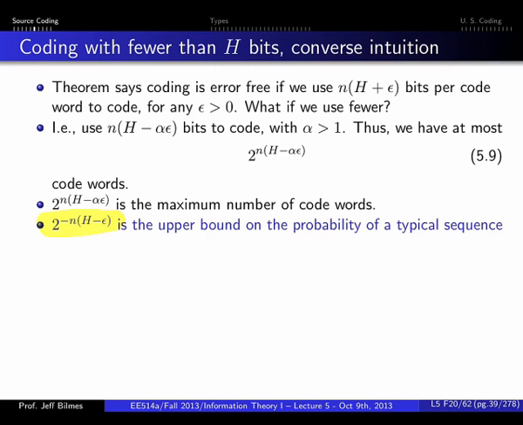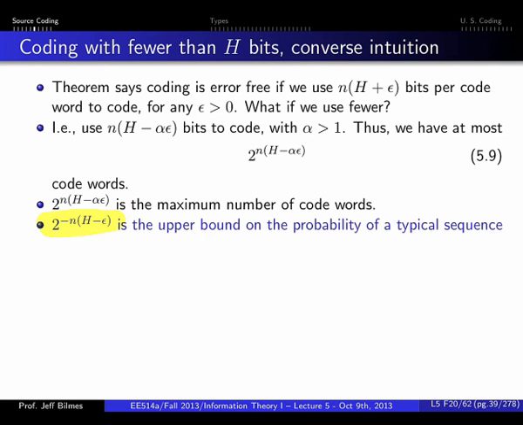And the number of code words is changing with n as 2 to the n(H minus alpha epsilon). And so if we multiply the two together, we essentially get the probability of things that can be coded. It's kind of like summing over all the things that can be coded of the upper bound of the probability. That normally sums up to a probability that at most can sum up to 1.